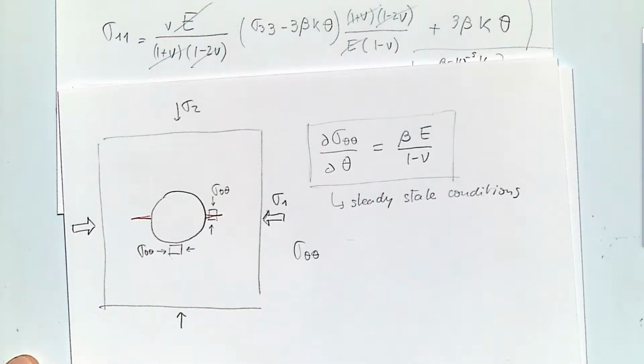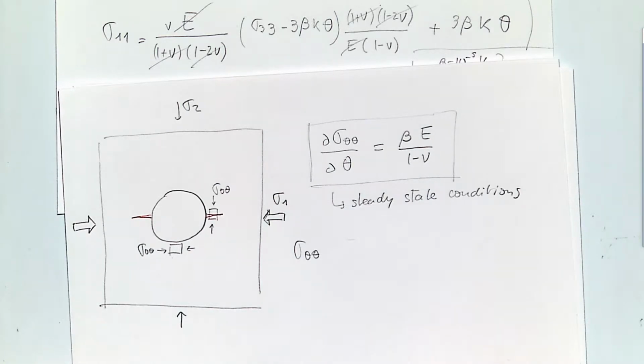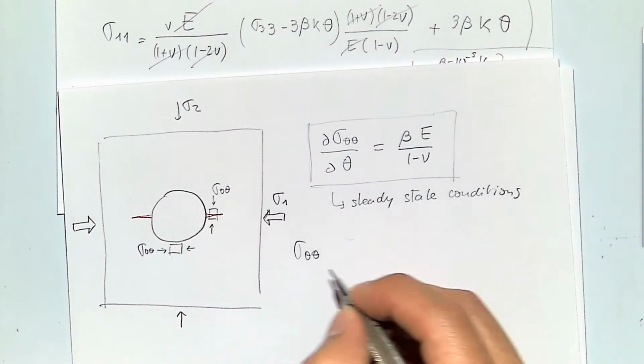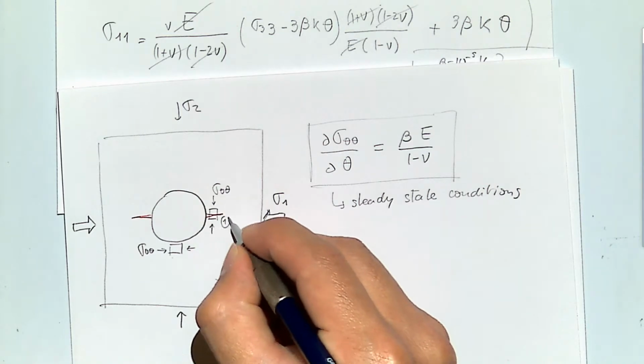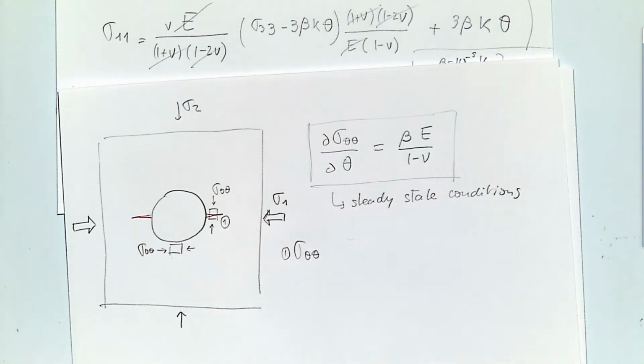And the equation at that place is going to be sigma theta theta. Let's call it location number 1. This is just a Kirsch equation at r equal to a.